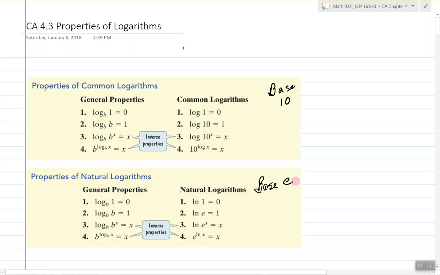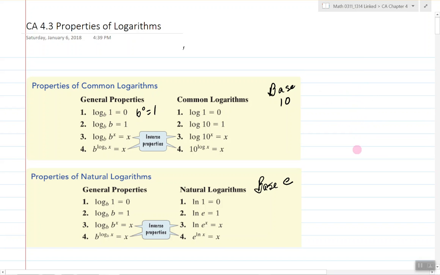And the first couple, if you thought of that as log base 10, which we don't write, of 1 equals 0, and this is true for any base, the reason being, what power do you raise 10 to get a value of 1? 10 to the 0 power is 1. Any base to the 0 power is 1. So that's where that property comes from.